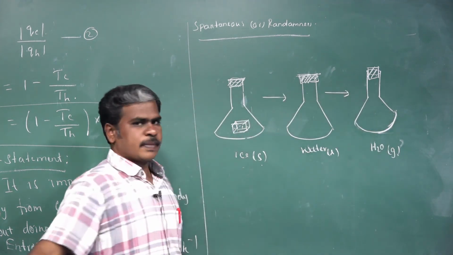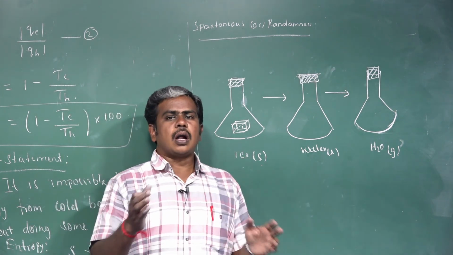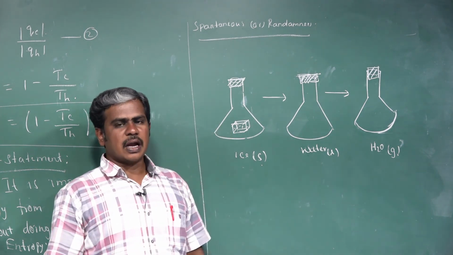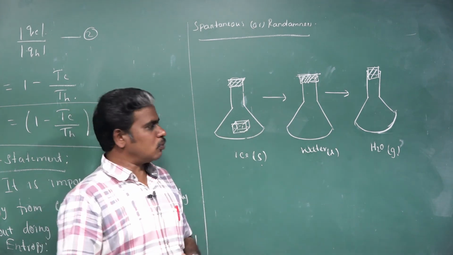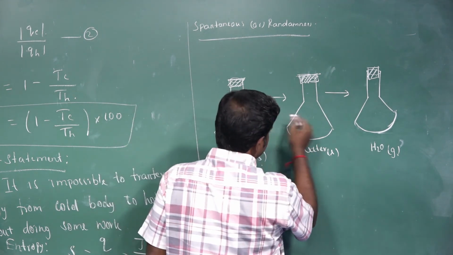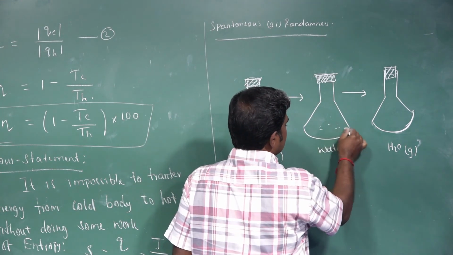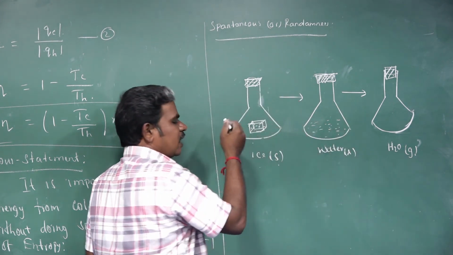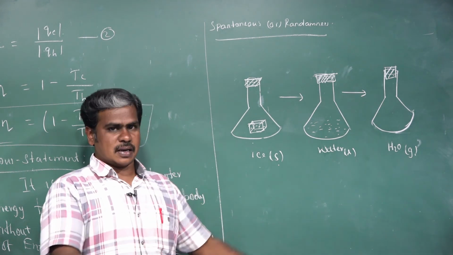Now what will happen? Listen, if we are taking ice in a solid state, all those water molecules are orderly arranged, and the molecular movement is very little because it is in the ordered state. If the solid ice is converted into water, the molecular movement is somewhat greater than that of ice, so there is randomness or disorderness.